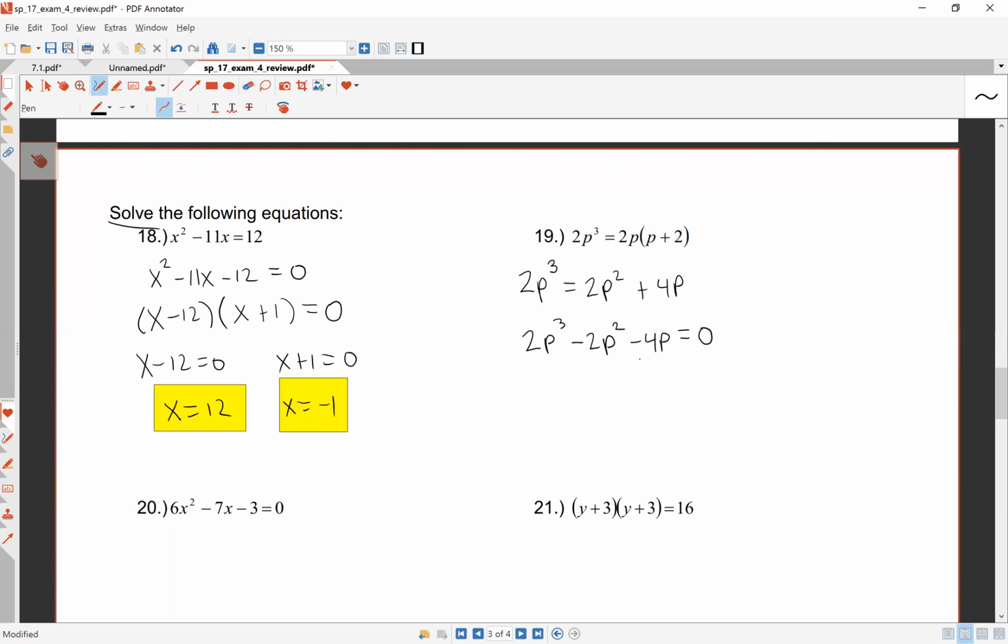From my polynomial, I factor off a 2p. That leaves me with p squared minus p minus 2. Now we factor the p squared minus p minus 2 as p minus 2 and p plus 1.